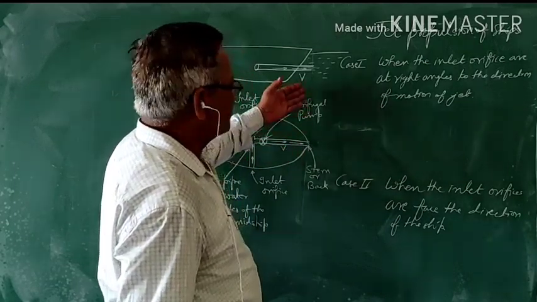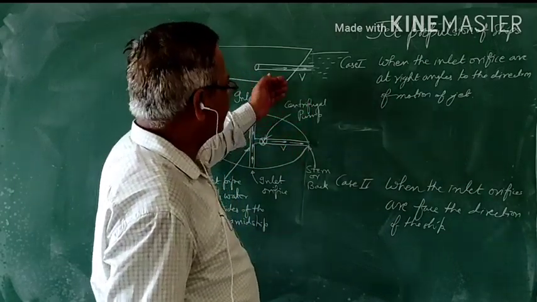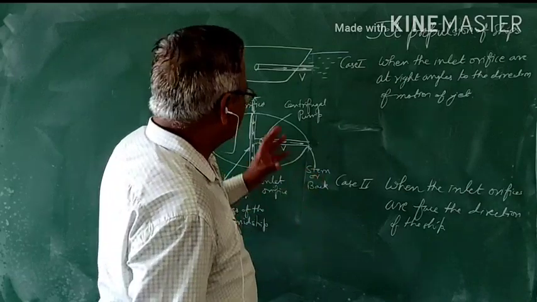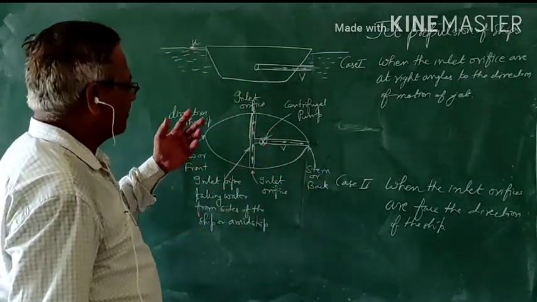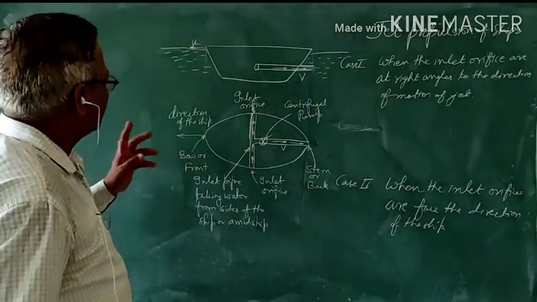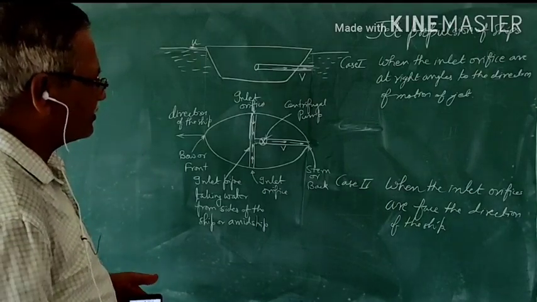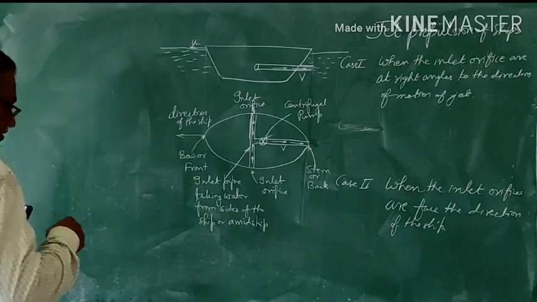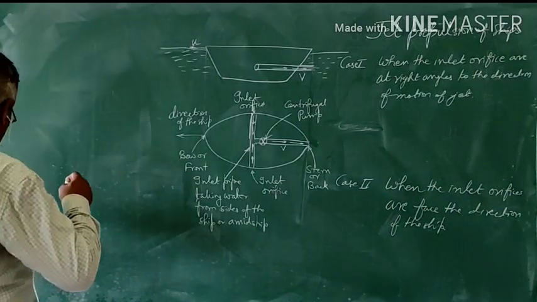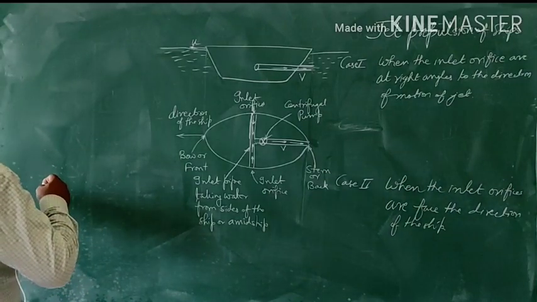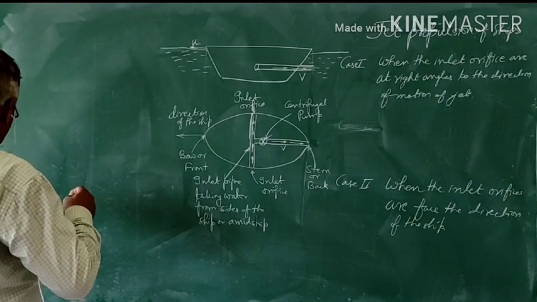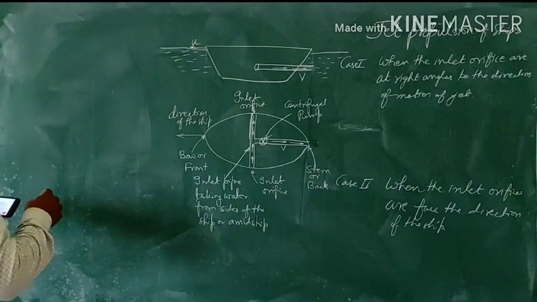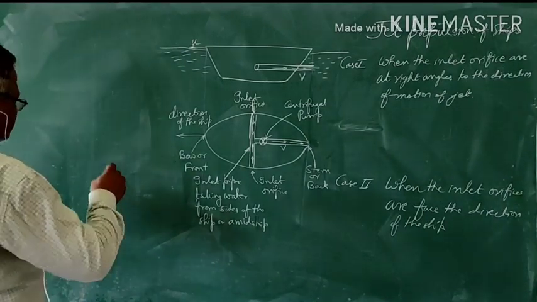That high velocity water, when it goes out, gives the thrust, that is the propulsive force. So we will analyze the propulsive force using the impulse momentum equation. First we will find the velocity of the jet with respect to the ship.